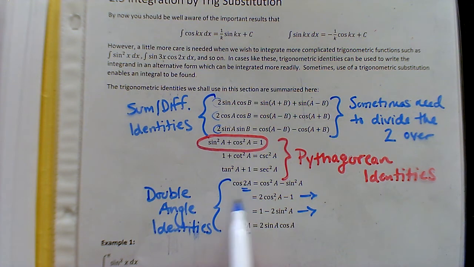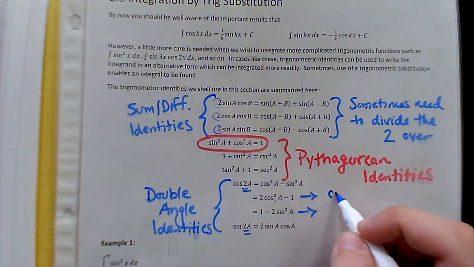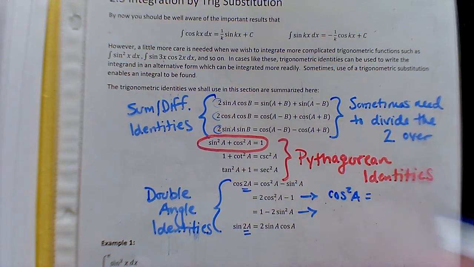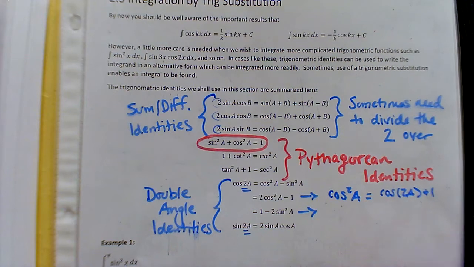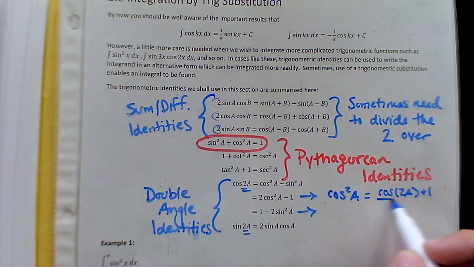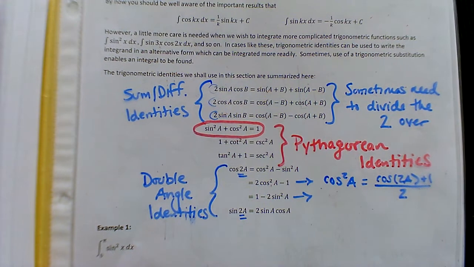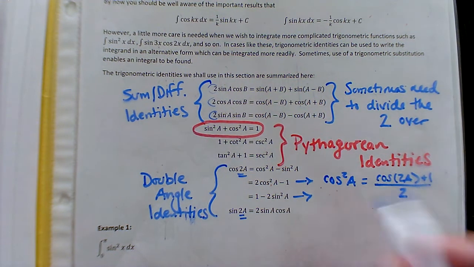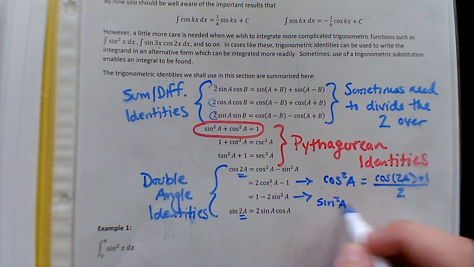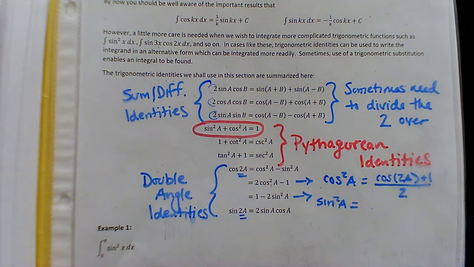This cosine of 2a we're going to assume is on the other side, and then divide by 2. So cosine squared of a would be cosine of the double angle, adding the 1 over, and then dividing by 2. Just making note that these are probably going to show up as well. In the other one, if we were to solve for sine squared of a, we would have to subtract the 1 and then divide by negative 2.